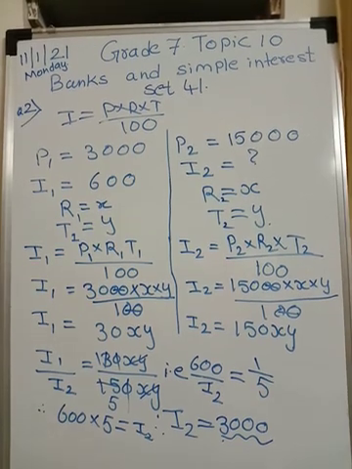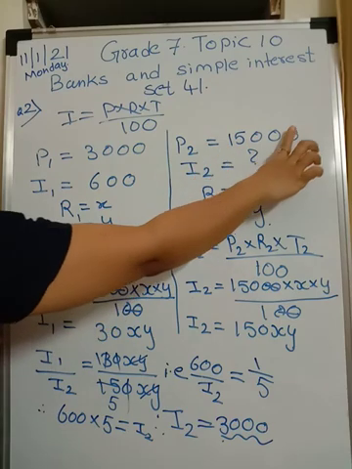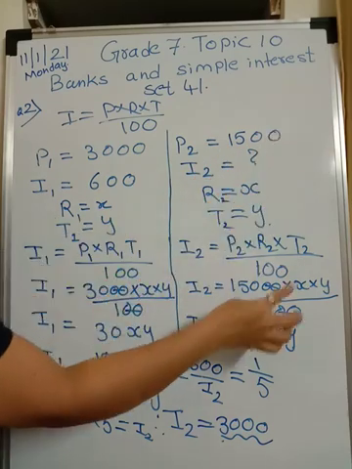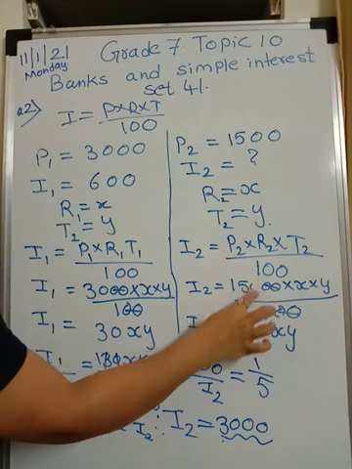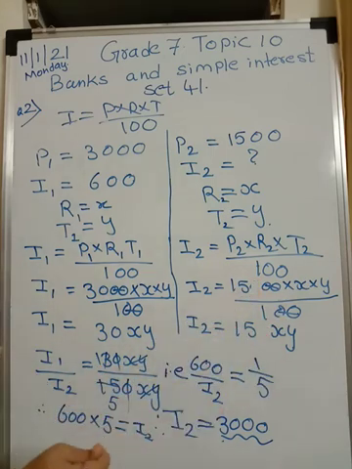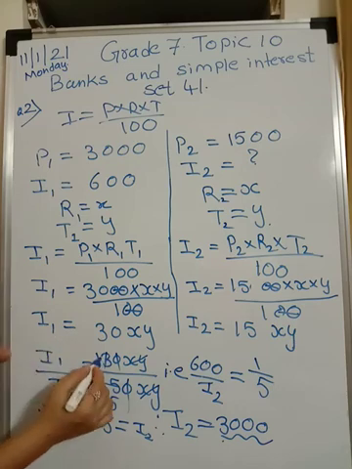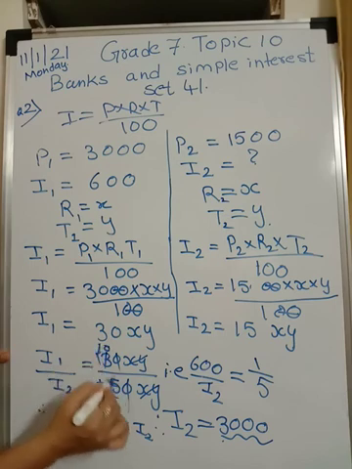Students, I think principal 2 is not 15,000, it is 1500. So 1 zero we have to cut over here. Everywhere you cut 1 zero. Okay. Here also, here also. So I guess here it will be 3 10s and 3 5s.